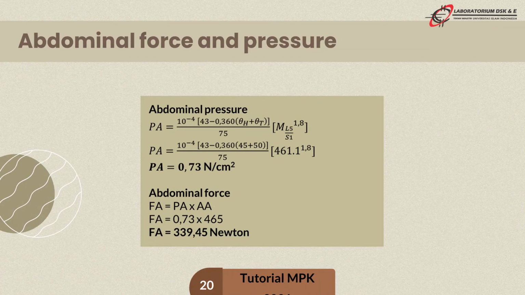For abdominal force and pressure, then the calculation of abdominal pressure, we get 0.73 Newton per centimeter square. For abdominal force, we get 339.4 Newton.